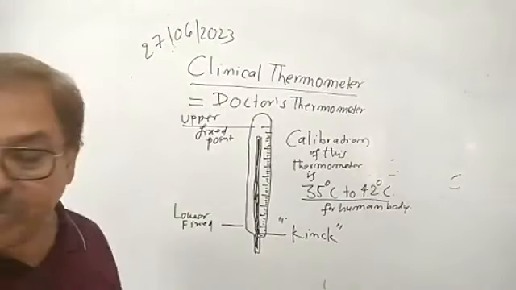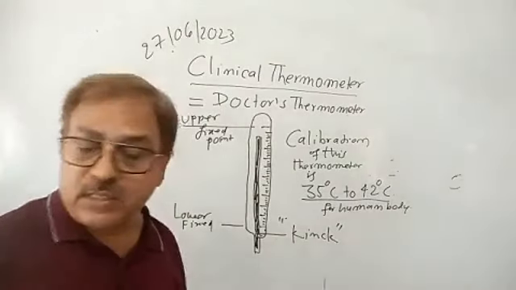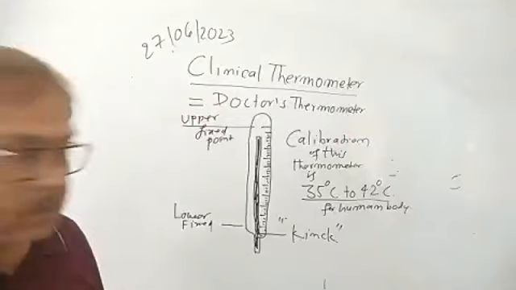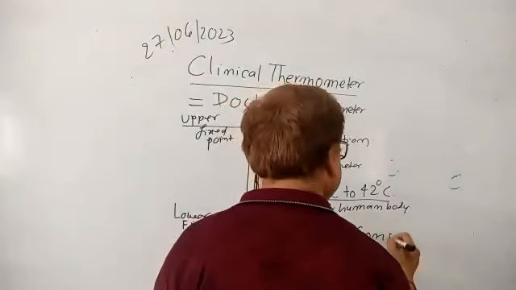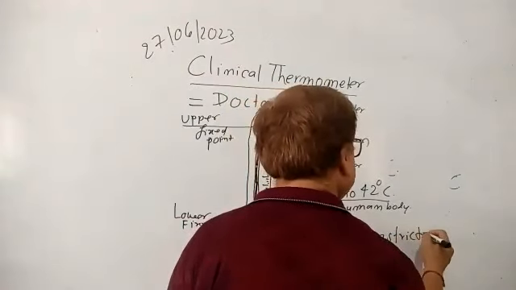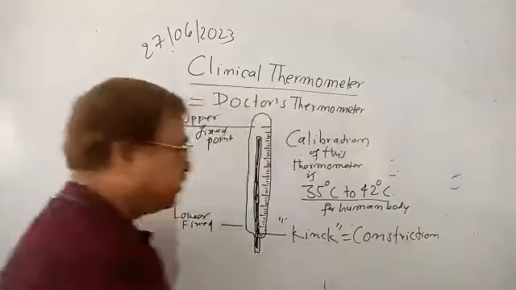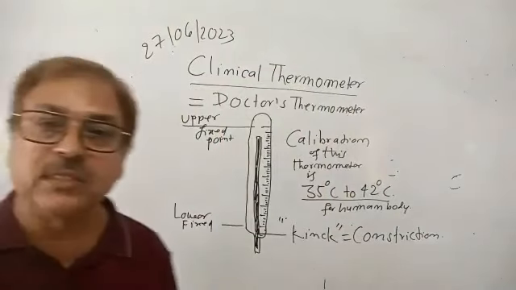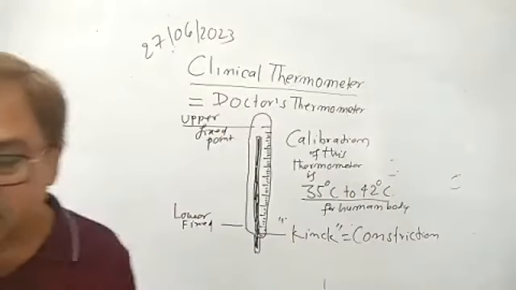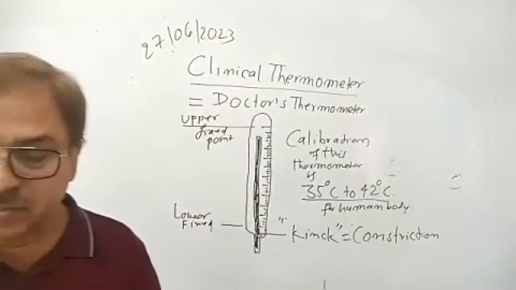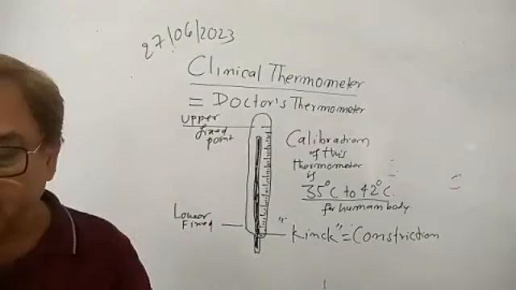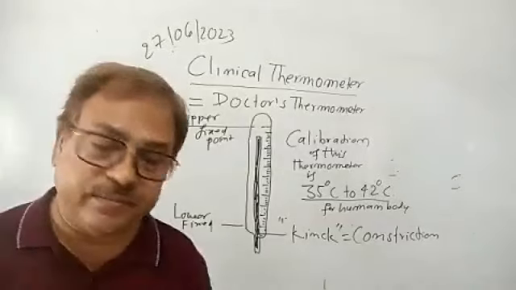the kink. Why is a kink provided in the clinical thermometer? The reason is the kink is also called a constriction. The constriction is provided because the mercury thread does not fall back by itself after the thermometer is used to measure the temperature of the body.